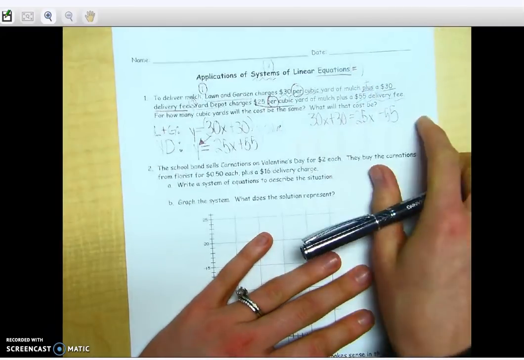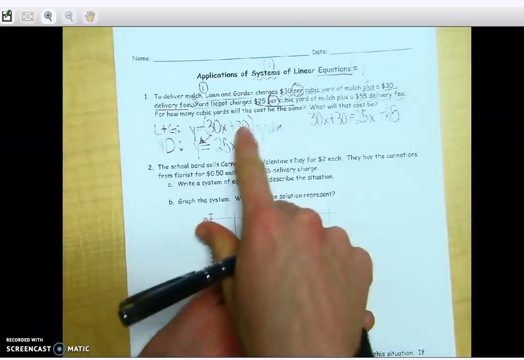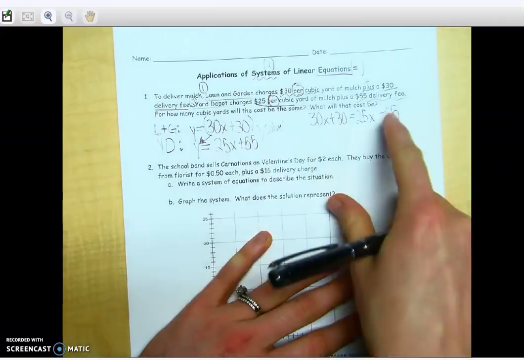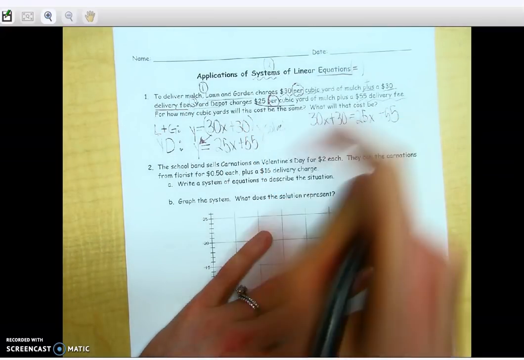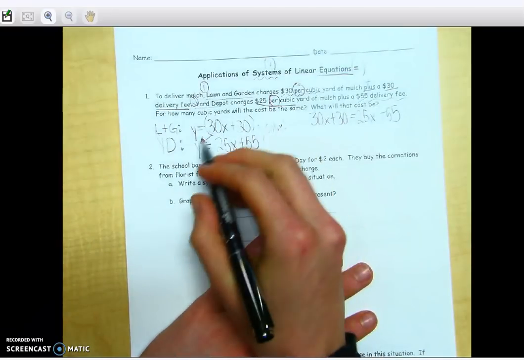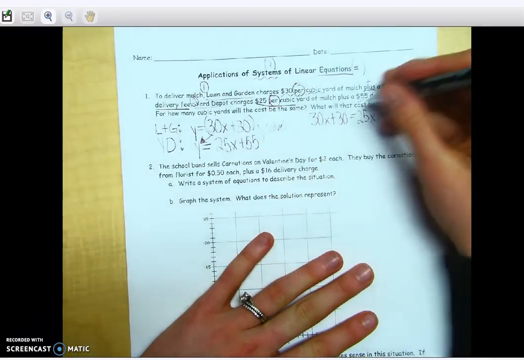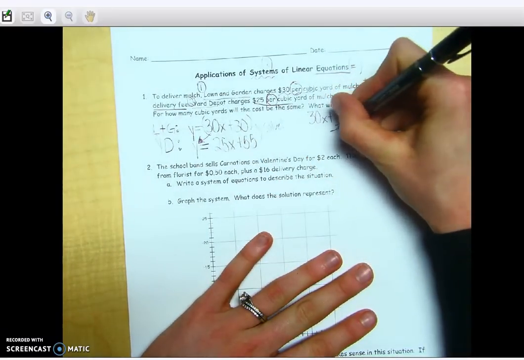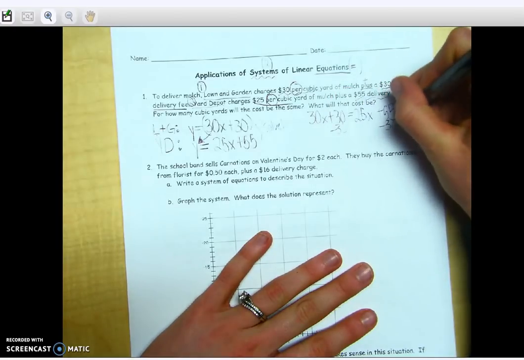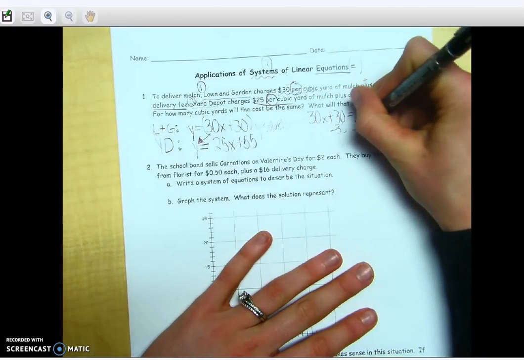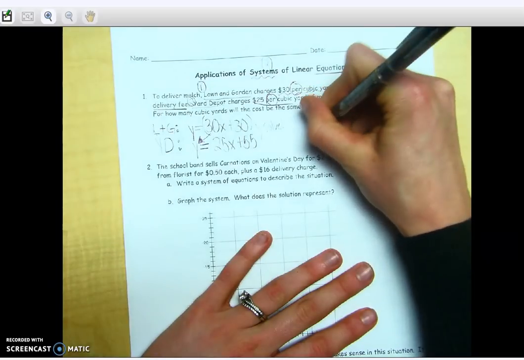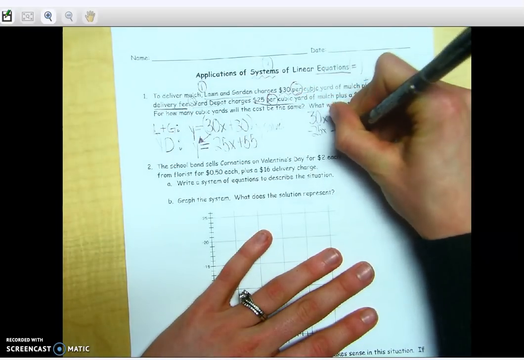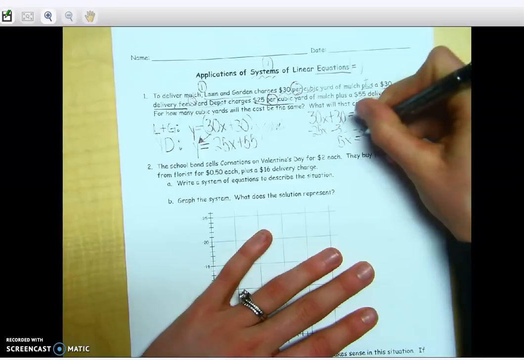This is going to be your best bet when you have two different equations in slope-intercept form. This will be the best and easiest way to solve systems of equations, is setting the two sides equal to each other. So once I do this, I can solve for x by subtracting 30 from both sides and then subtracting 25x from both sides to get 5x is equal to 25.